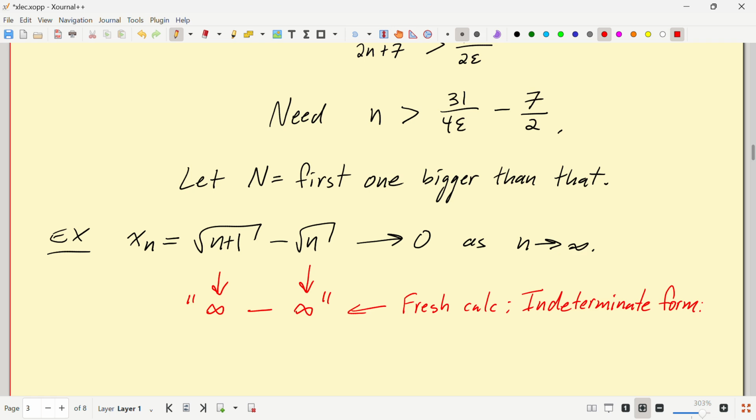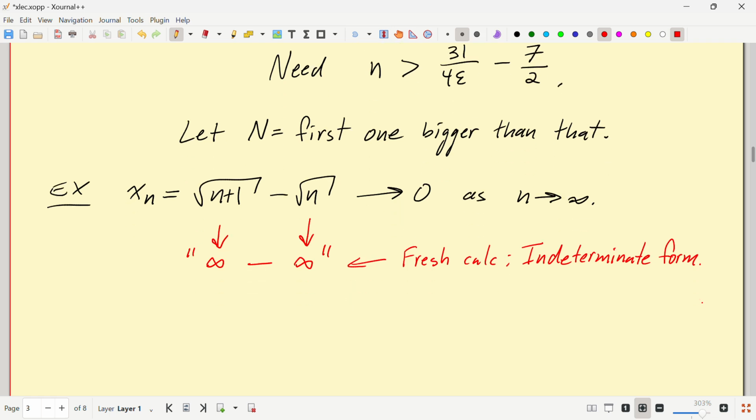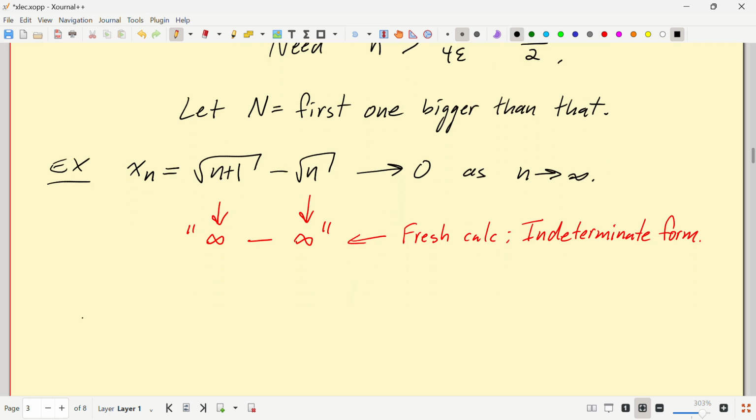And in this particular case, here's how we think about it. We have square root of n plus 1 minus square root of n. This is kind of a trick. There's the thing I want to analyze. I'm going to multiply by 1. The idea is to make the thing in the numerator a difference of squares.